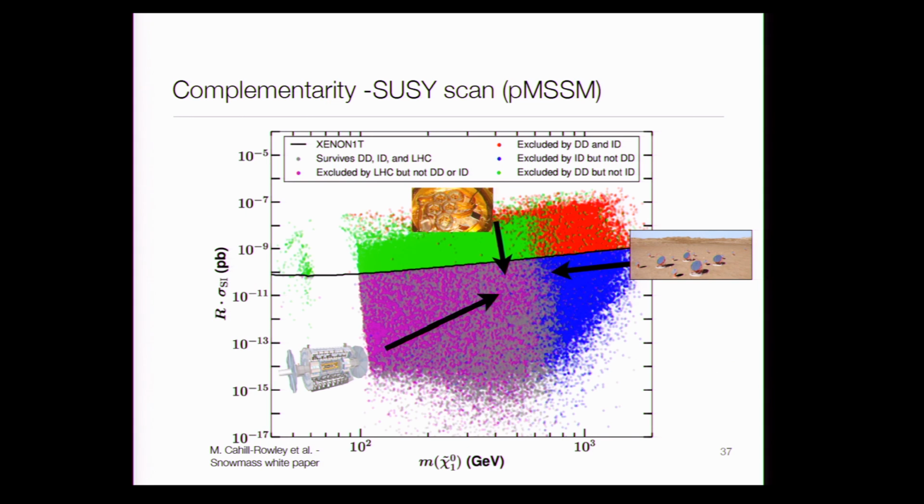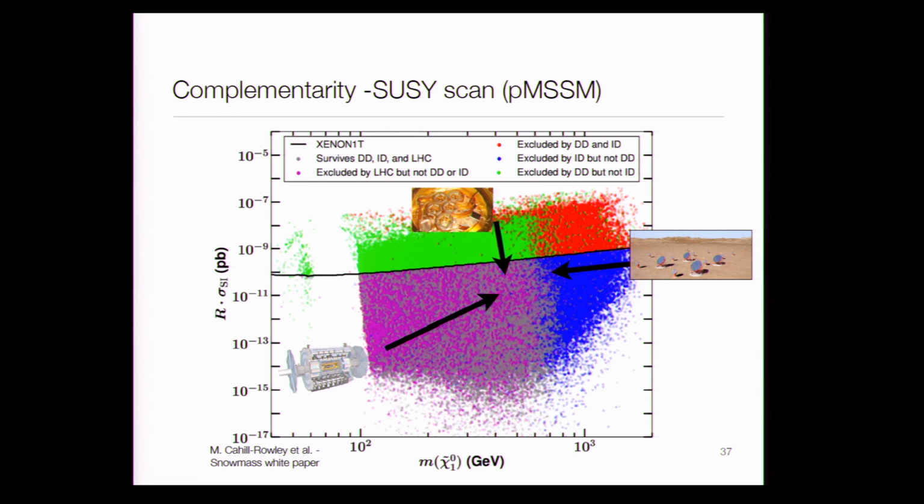This is my final plot that shows again the complementarity, again for these PMSSM models. Every dot, in this case, is the mass of the neutralino versus the spin-independent scattering cross-section. And every point here is one model that obeys all current limits.